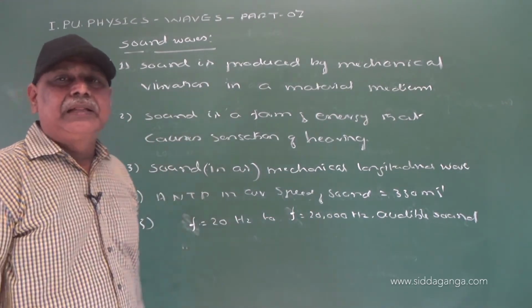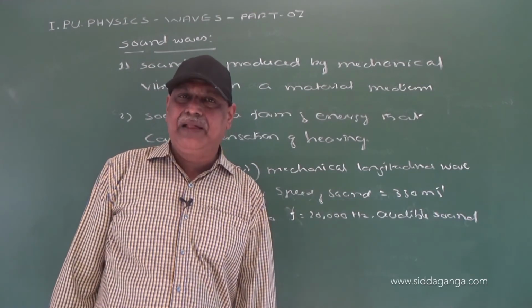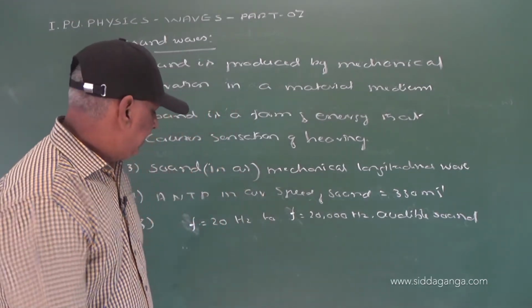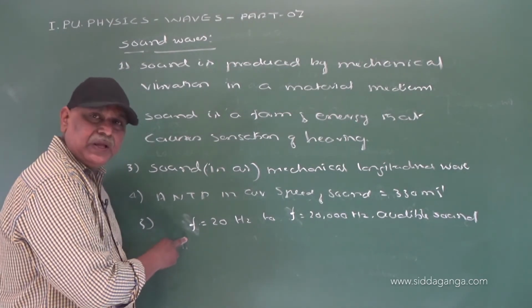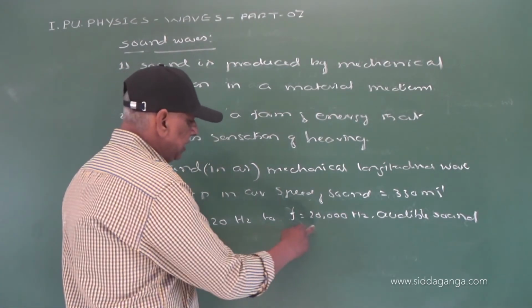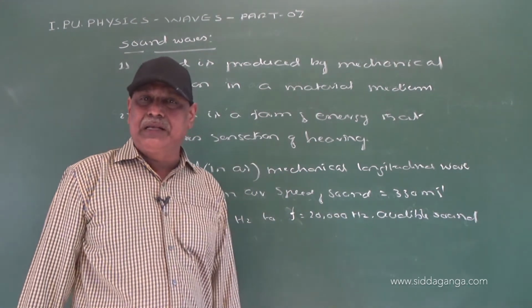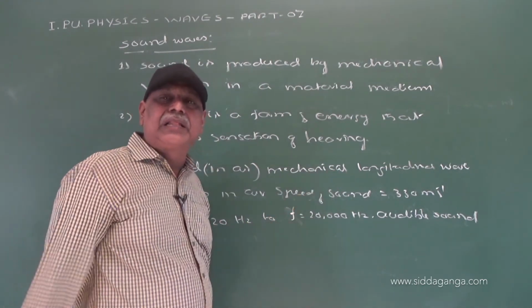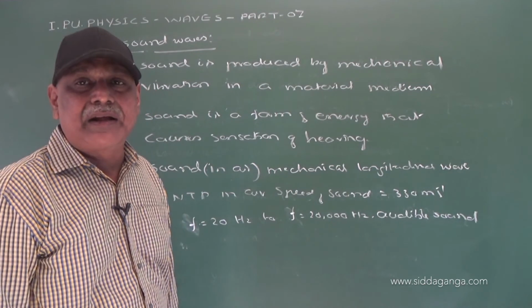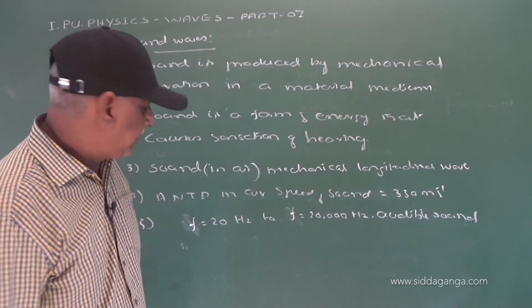Generally the range of visible light is expressed in wavelength and the range of audible sound is expressed in terms of frequency. So frequencies from 20 hertz to 20,000 hertz are audible sound, and frequencies greater than 20,000 are called ultrasonics, and ultrasonics are used in sonar.